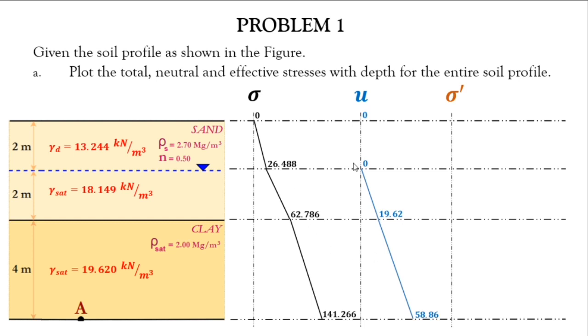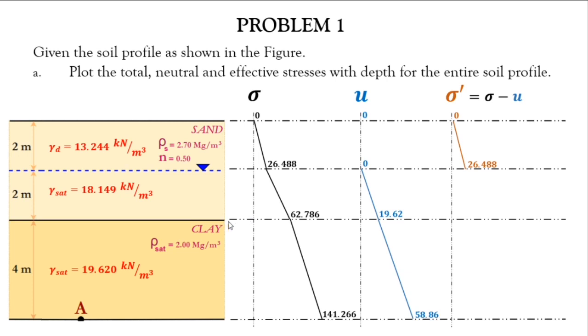To get the effective stress, as I told you earlier, it is just the difference between the total stress and the neutral stress. So just take the difference. 0 minus 0 is 0, obviously. So we have 0. 26.488 minus 0 for our effective stress is equivalent to 26.488.